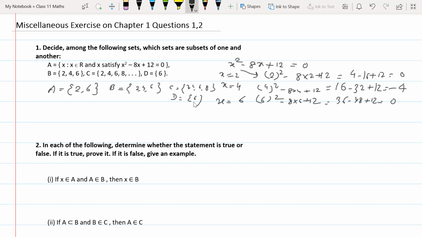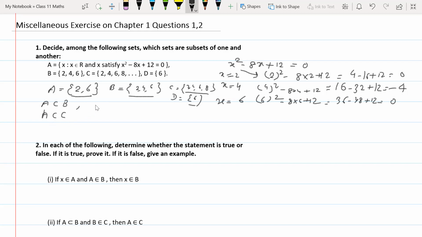As we have studied in the chapter, a set is a subset of another set if all of its elements are in the other set. 2 and 6 are in B, 2 and 6 are in C, so we can state that A is a subset of B, A is a subset of C, but A is not a subset of D because D has only 6 and A has 2 elements.